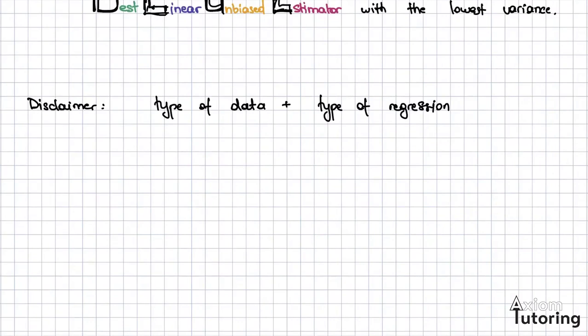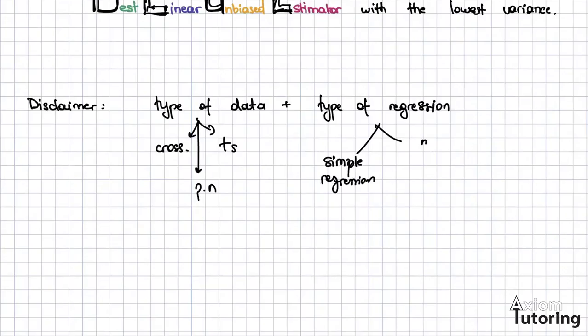What I mean with the type of data is: do I have cross-sectional data, or do I have time series, or do I have panel data? Type of regression: do I have a simple regression, or do I have a multiple regression?